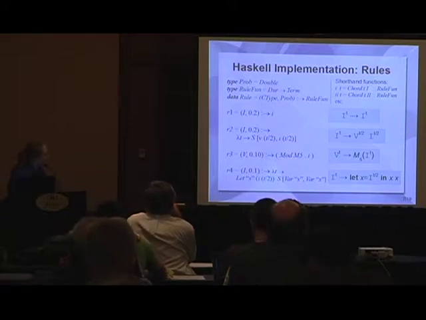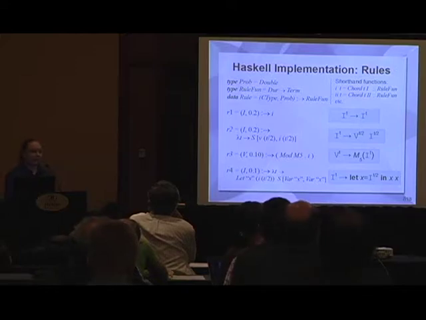The rest of the rules don't look too different from the math. The main one that looks a bit different is this one. Let expressions in Haskell become a little bit ugly to read, especially when you get nested let expressions, so I won't be showing you any of those.